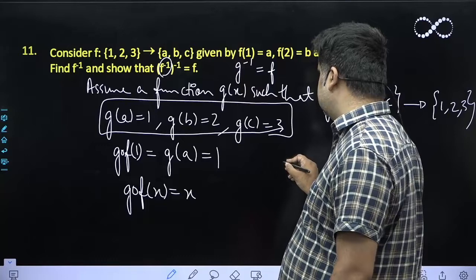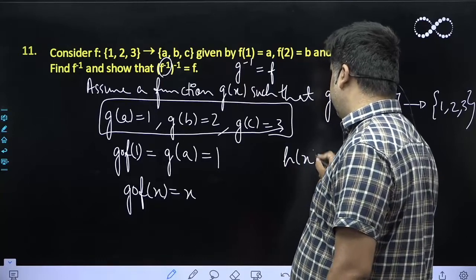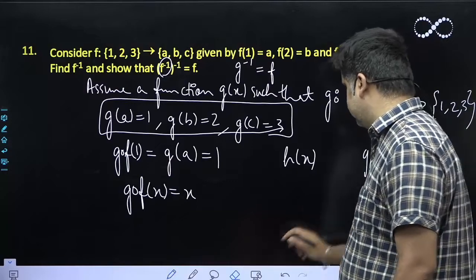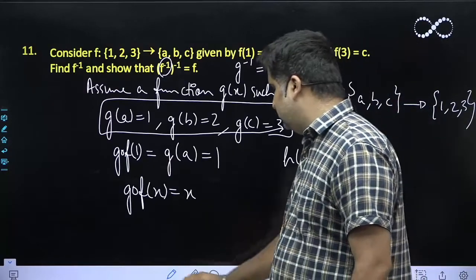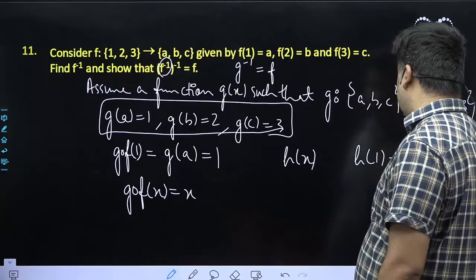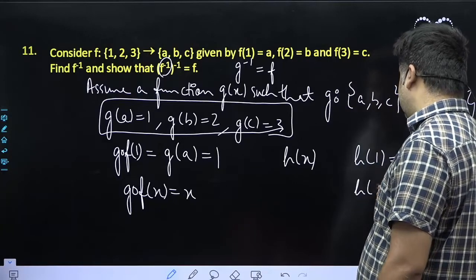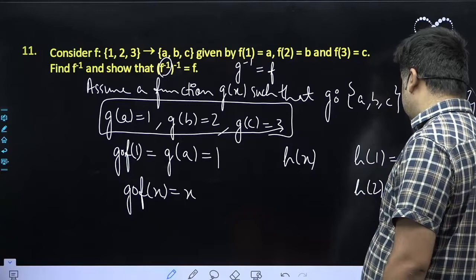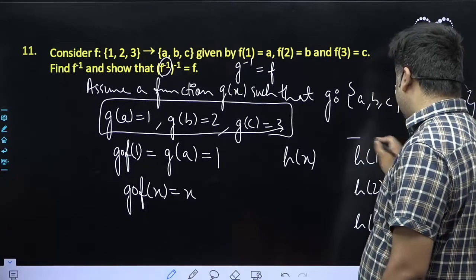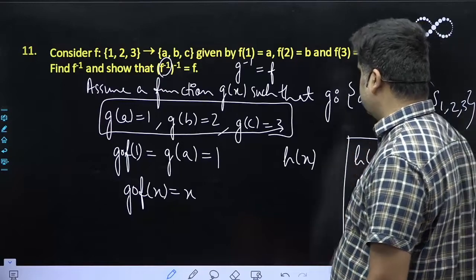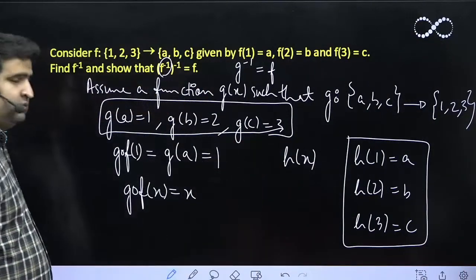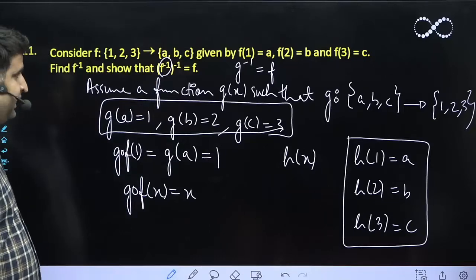You can take such a function h(x), where h of 1 is equal to a, h of 2 is equal to b, h of 3 is equal to c. So this will be your function h(x), which is now the inverse of g, right?